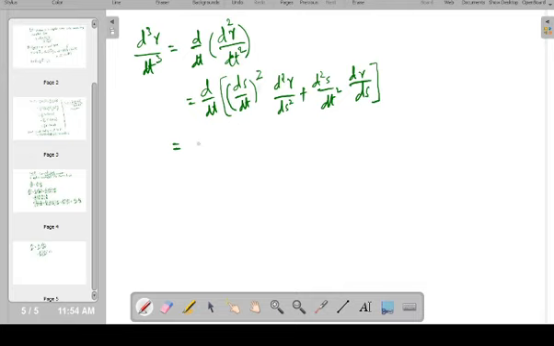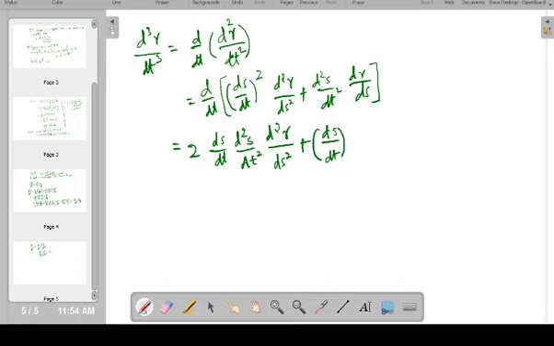Derivative of the first term is 2 times ds by dt into the derivative of ds by dt with respect to t, which is d square s by dt square, into this term d square gamma by ds square, it is the product rule, plus ds by dt the whole square into the derivative of the second factor with respect to t, so d by dt of d square gamma by ds square.